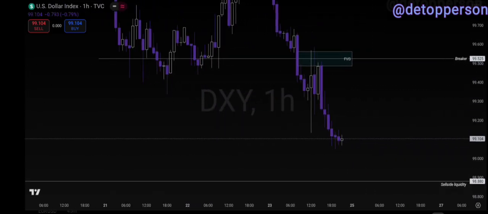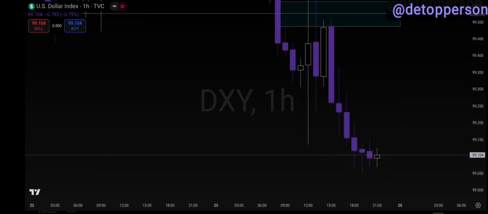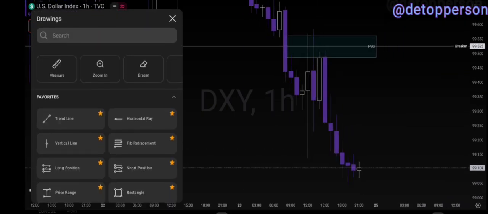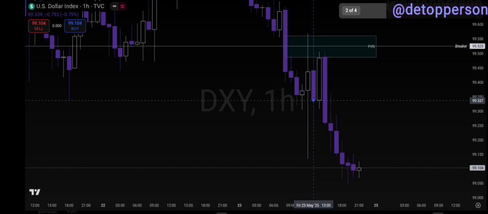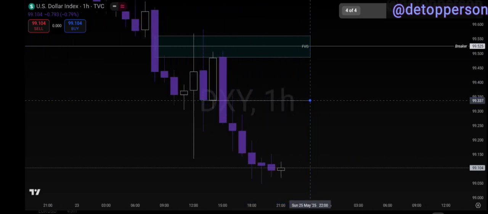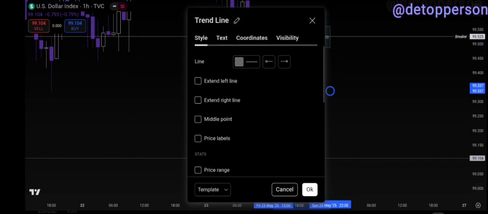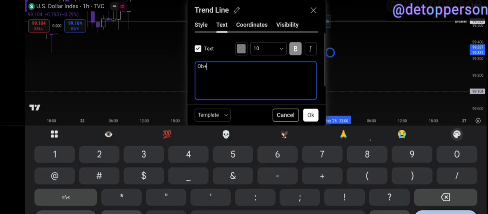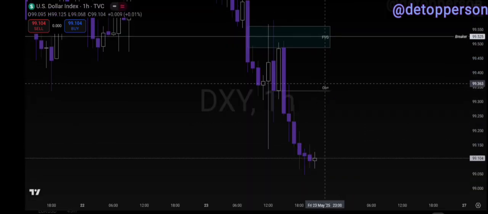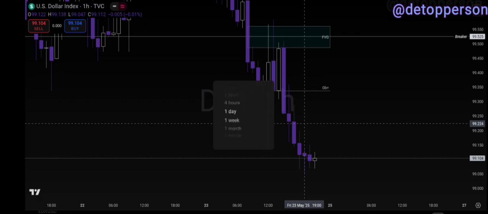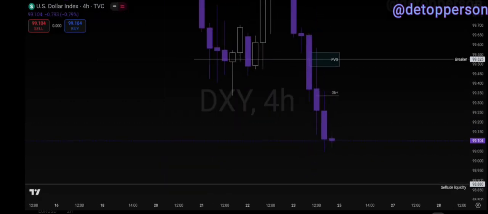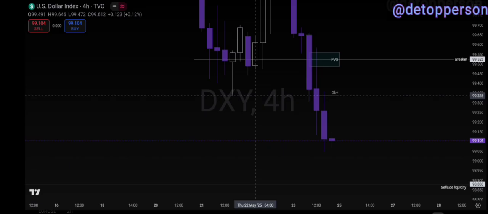So I'll be looking at more sells from here, probably price coming into this one right here, because this right here is our order block. So we probably want to see price come in here, or probably any place closer. Let's see what the 4 hours is giving us. All right, so this right here is also a breaker, so we could also use that.